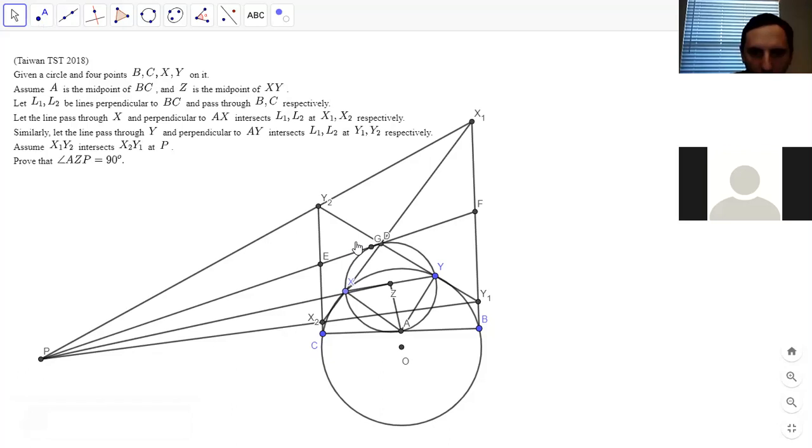So AD is the diameter and AG is perpendicular to GB. So basically we want to show that AZGP is cyclic, right? Yeah.